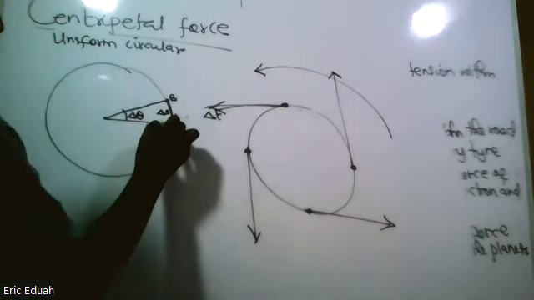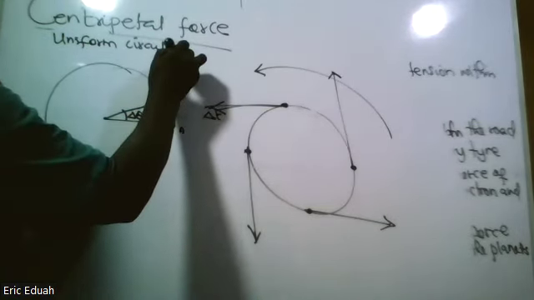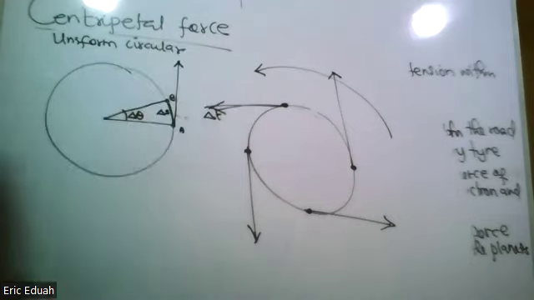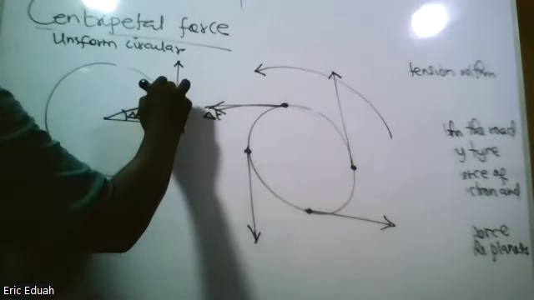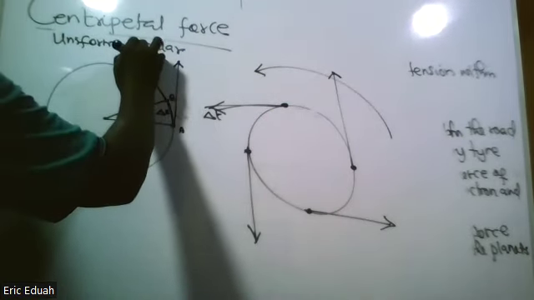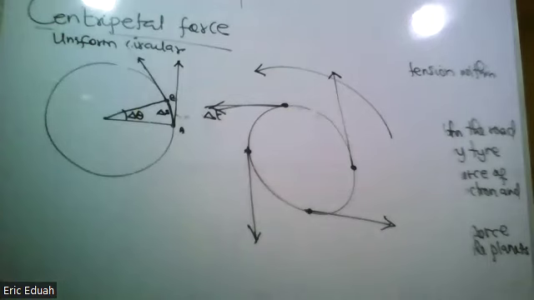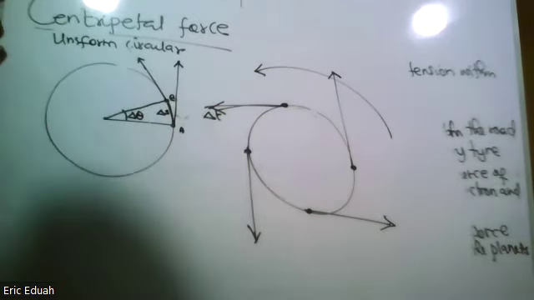So when the body is here, this is the direction of the body. When the body gets to B, this is the direction of the body. This body is supposed to move with constant velocity, uniform circular motion.